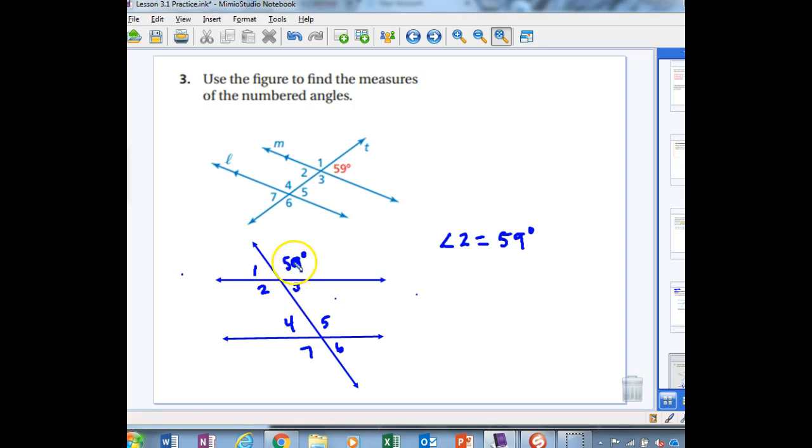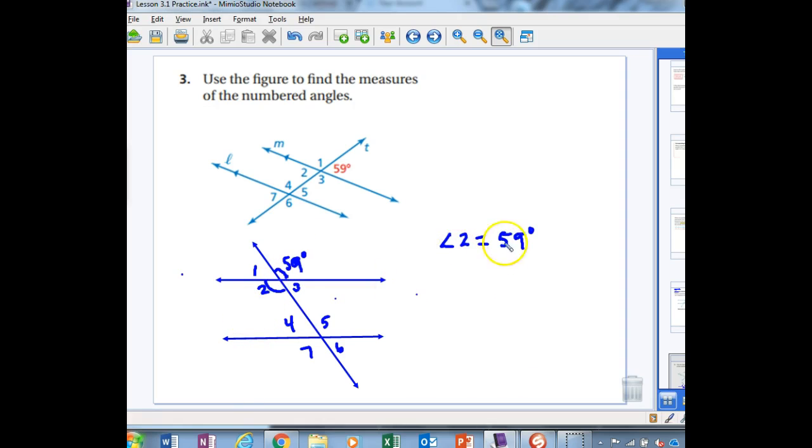Noah, you want to try it? Why are they the same angle? What's the reason for it? I can say that this angle is going to be congruent to this angle. It goes right across the vertices here because they are vertical.